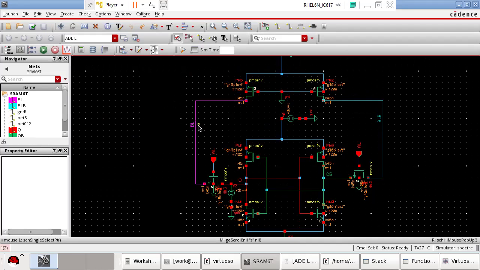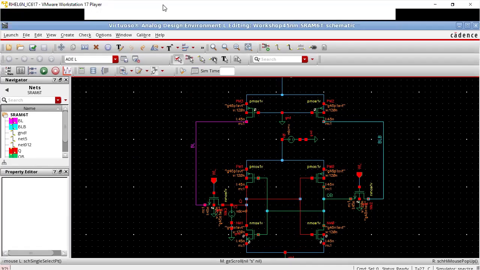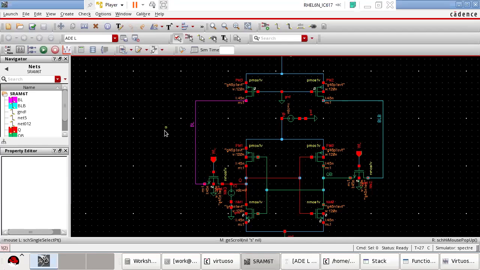When this BL is high, you will see that this BL will try to take the path which is short circuited, which is a low potential. Now, how does it look for this low potential path? This is a very simple thing that one can understand.